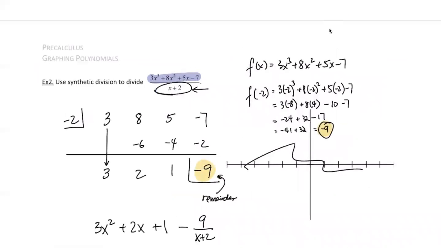So the other utility of synthetic division is called synthetic substitution. If you have a function and you need to find the y value with a given x value, you have two options, basically. You can do the good old substitution, which I did over here.